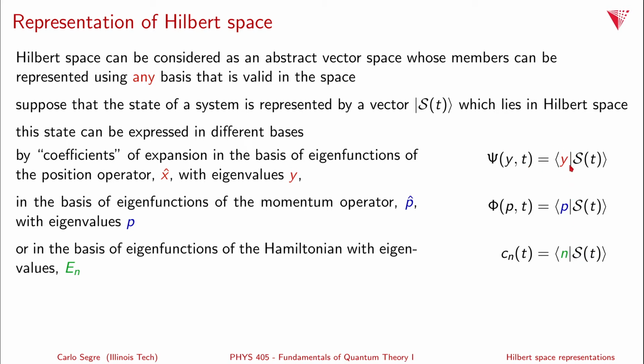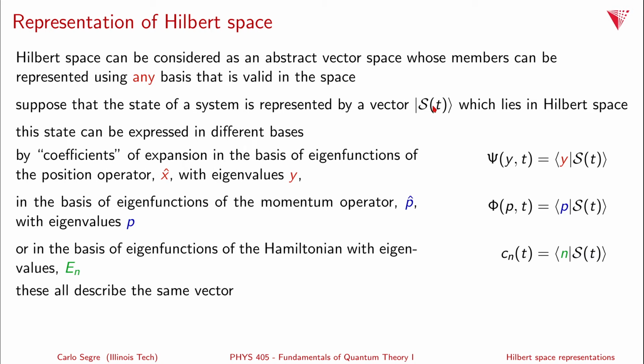We project the S vector along the eigenvalue y coordinate, then we project the S vector along the eigenvalue p, or we project the S vector along the state with eigenvalue n. And those give you the coefficients that you need to rebuild the vector S of t in that particular basis.